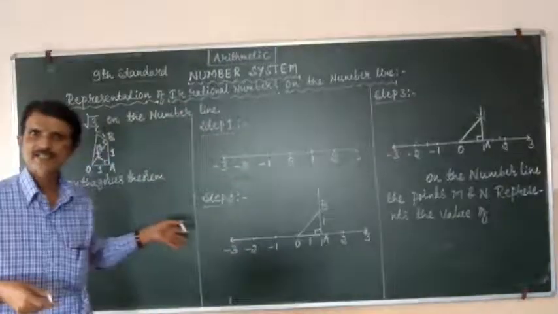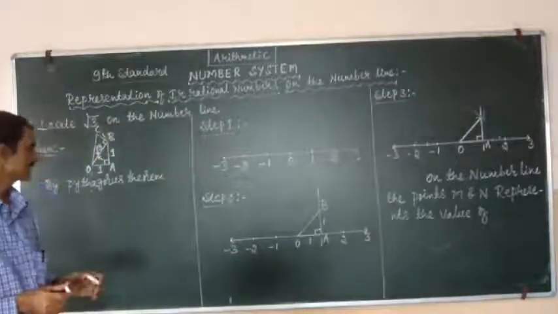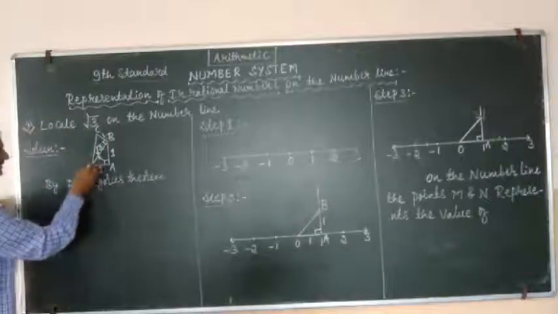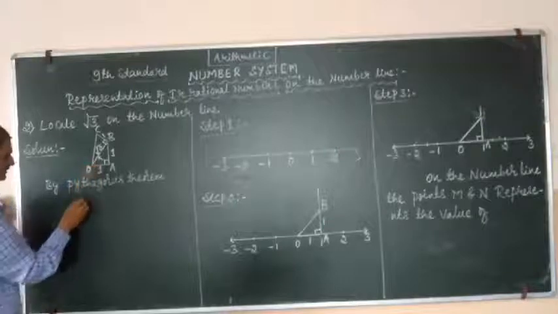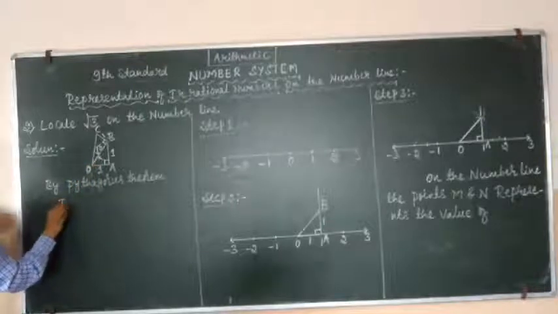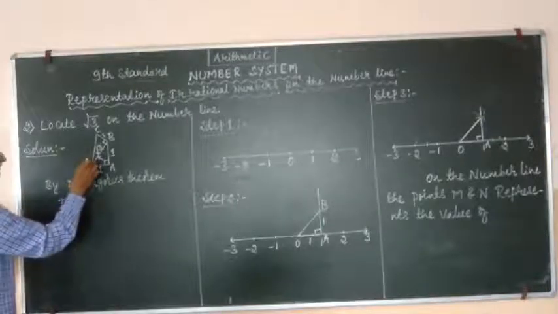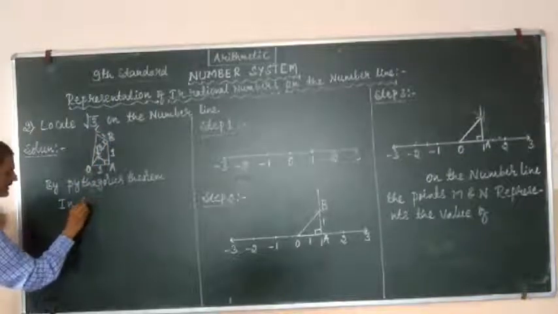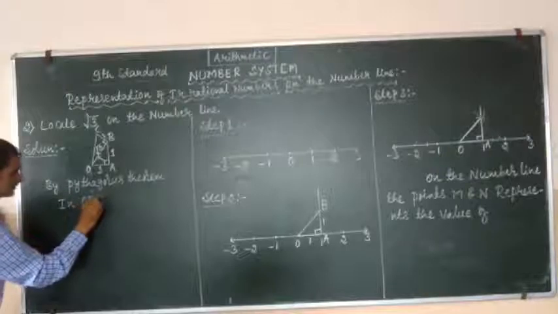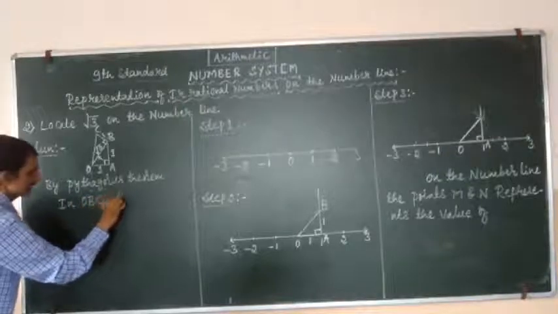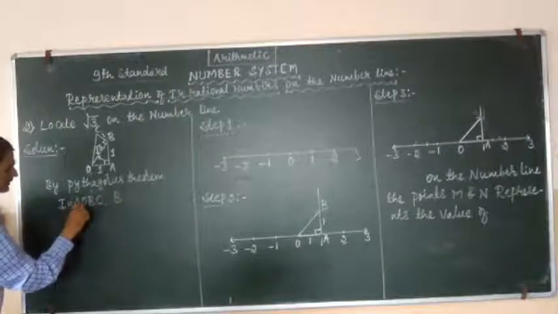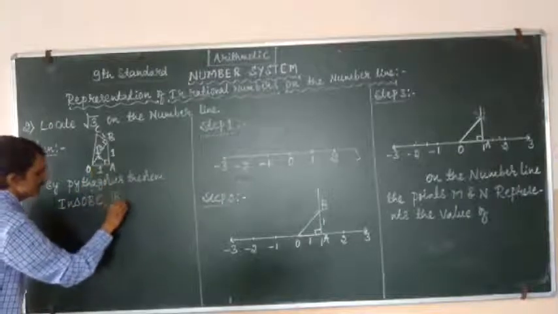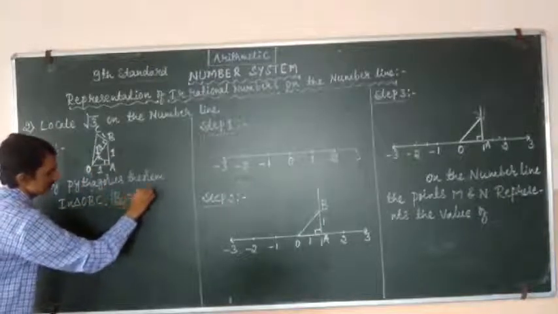Now we shall see by applying the Pythagoras theorem for this diagram. In triangle OBC, angle B equals 90 degrees.